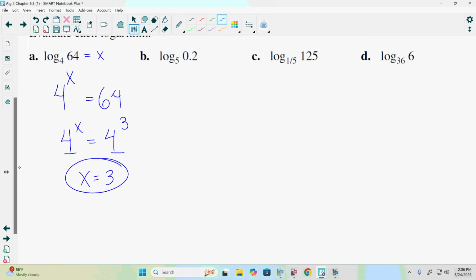Now let's look at b. Log base 5 of 0.2 equals x. In exponential form, we're saying 5 to what power is equal to 0.2.